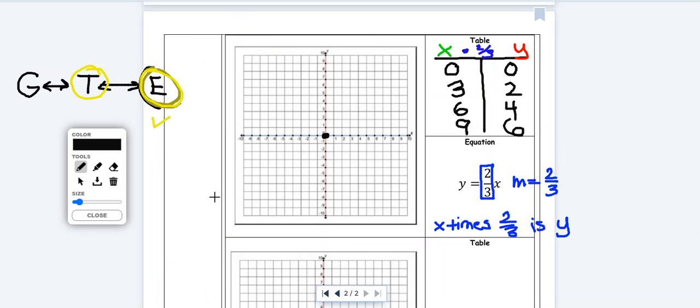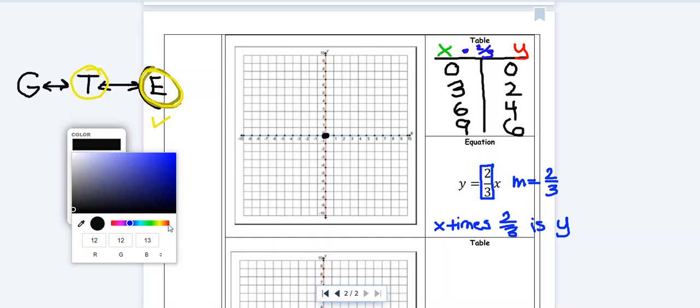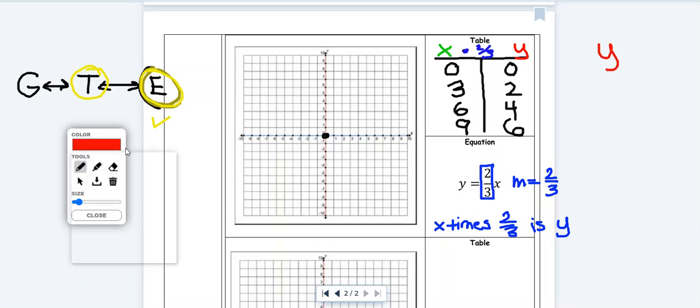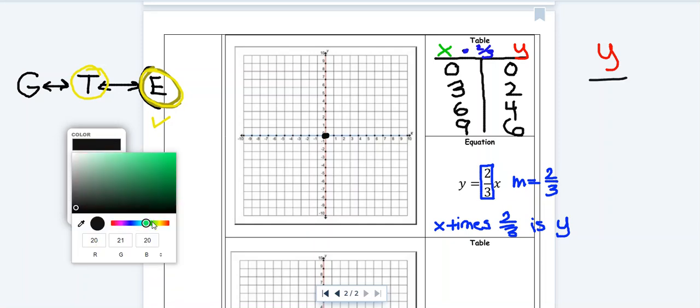And remember, if you ever wanted to find the rise over the run, you just needed to pick one of these sets of points and divide your rise, your y, divided by your run. Rise over run.